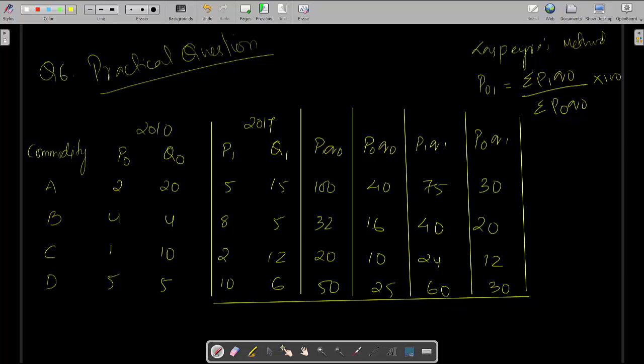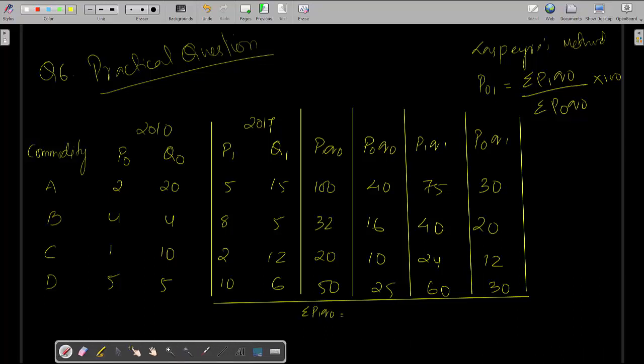So here we can say sigma P1 Q0, if you add up all this, you will get 202. Now this is sigma P0 Q0. If you add up P0 Q0, you will get 91.